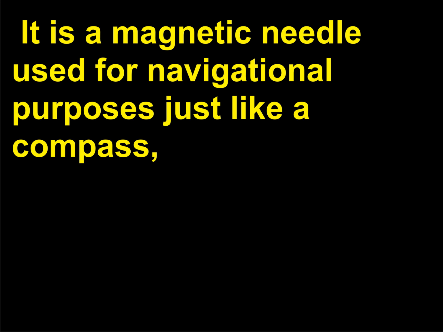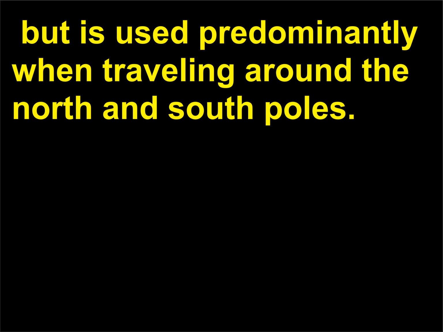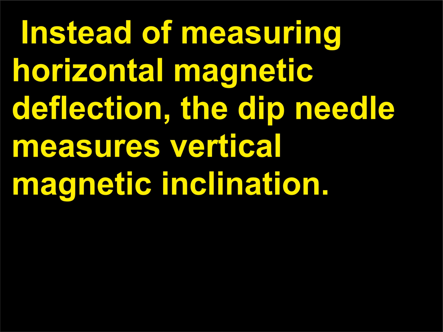It is a magnetic needle used for navigational purposes just like a compass, but is used predominantly when traveling around the North and South poles. Instead of measuring horizontal magnetic deflection, the dip needle measures vertical magnetic inclination.